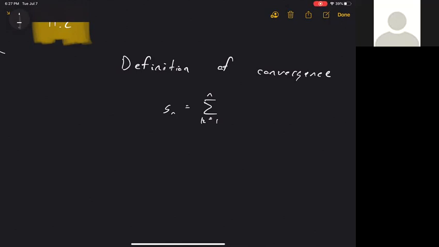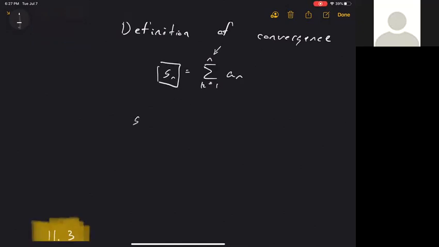So instead of considering an infinite series, we consider that finite series, and we add up the first n terms and we get this sum Sn, and then all these Sn's give us a sequence. And if this sequence converges, then we say the series converges. A very important concept.